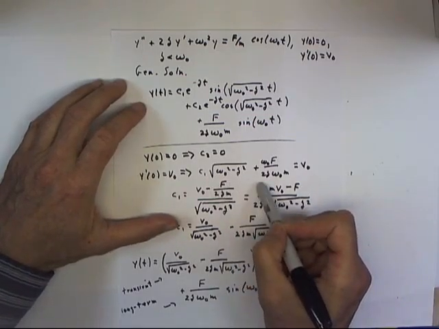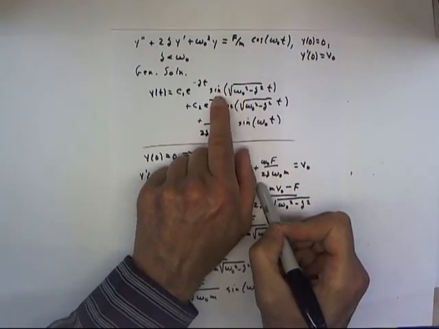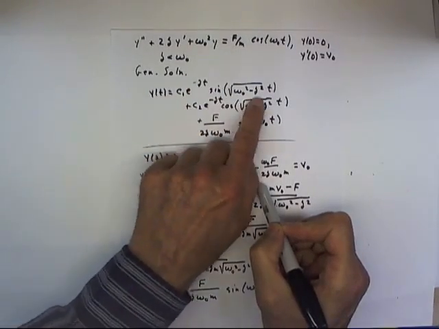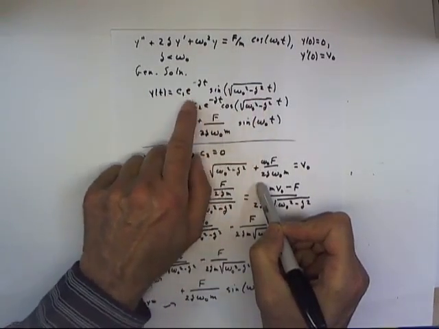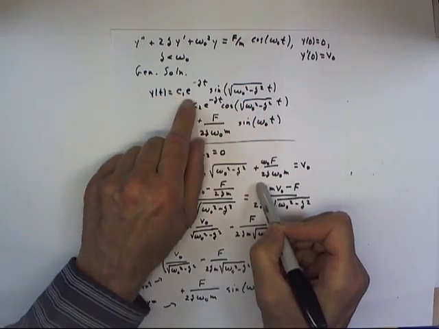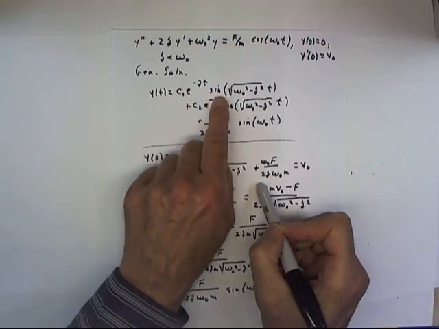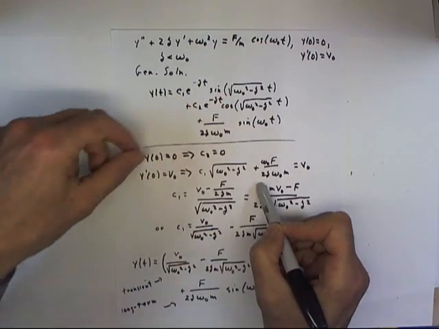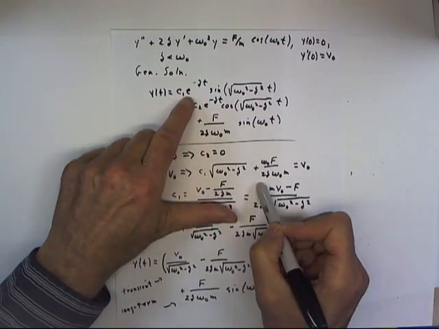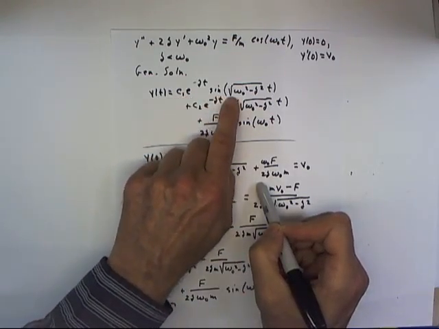It is fairly straightforward. First of all, the derivative of this first term has the e to the negative delta t, so we're taking the derivative of an exponential function times a sine function. We have to use the product rule. But the derivative of the exponential function is going to be multiplied by the sine function, and at t equals 0, that's going to be 0, so we don't have to worry about that part. We just have to worry about the part where we take the derivative of the sine function.